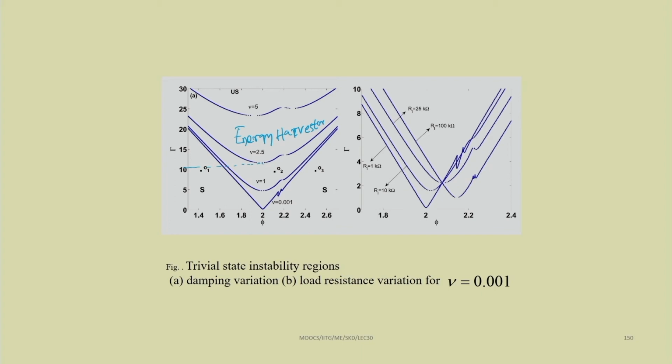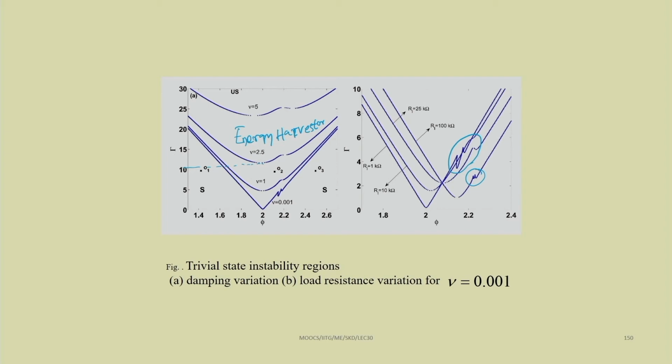By using these internal resonance conditions, for example here or here, we have multiple regions where it can change from stable to unstable, and we are particularly looking for the region where the system becomes parametrically unstable. We can use only that region for vibration energy harvesting. When it is trivially stable, it is not vibrating, so it cannot be used as an energy harvester.